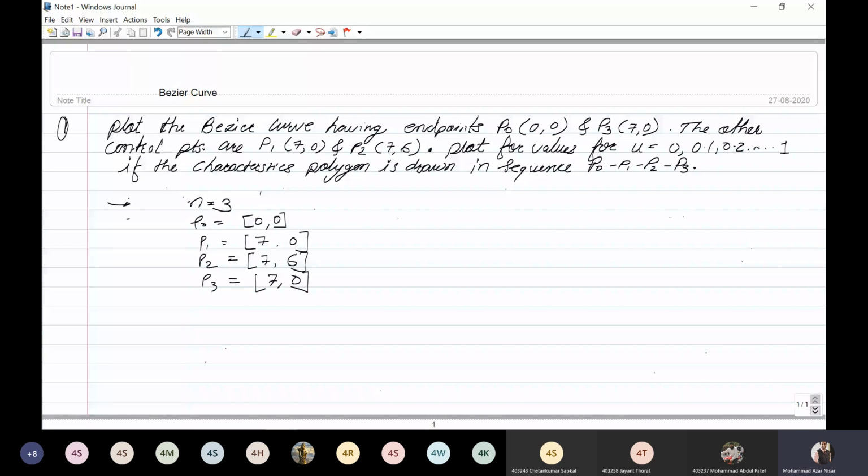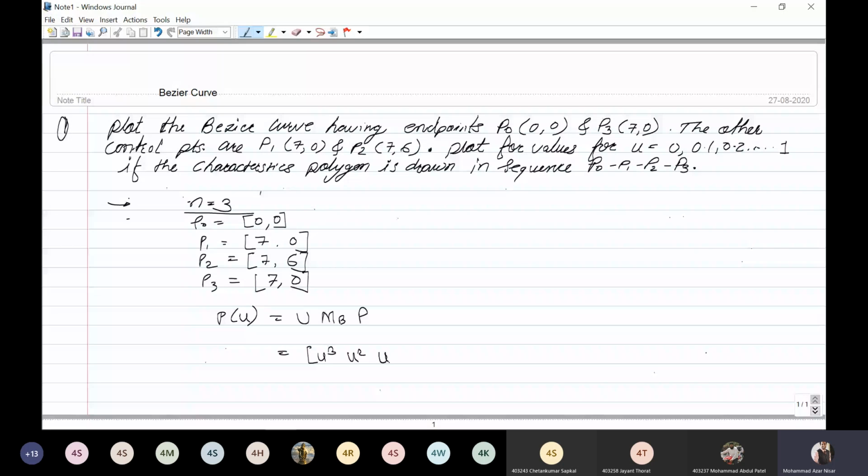So you have to find it by using this matrix. Our formula is P of u equal to U times M times B. U will be, since this is a cubic, n equal to 3, u cube, u square, u and 1.